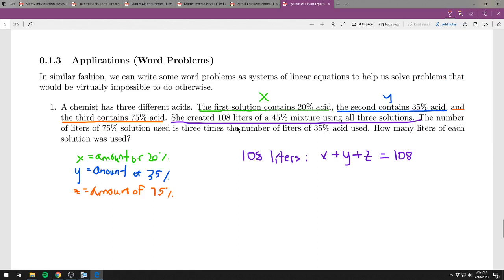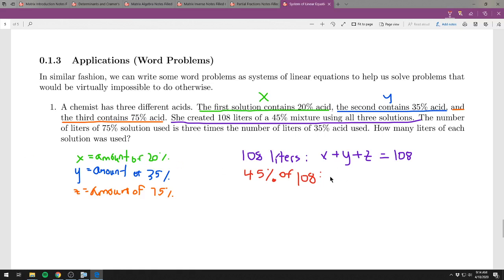Also that the final solution is 45%. All right, so what that means is, remember the last section when we multiplied the amounts by their alcohol percentage, this time if we multiply the amounts by their acid percentage, we'll get another equation.